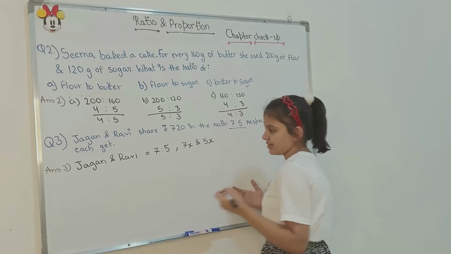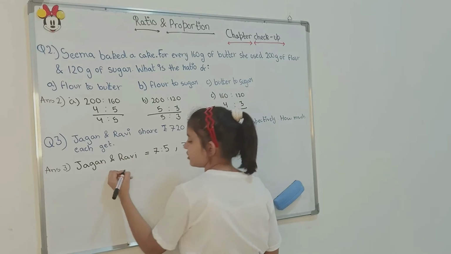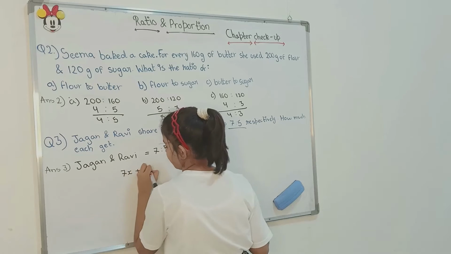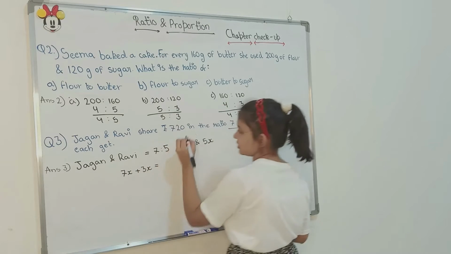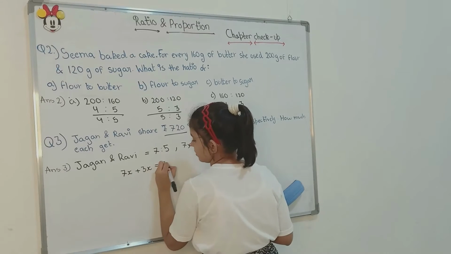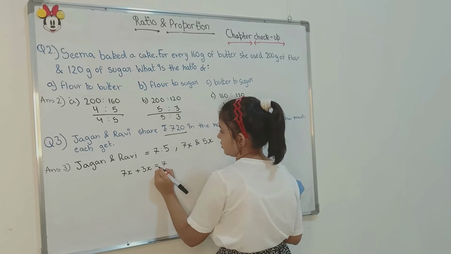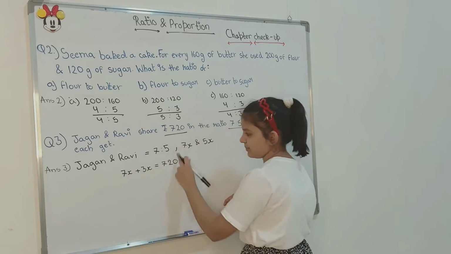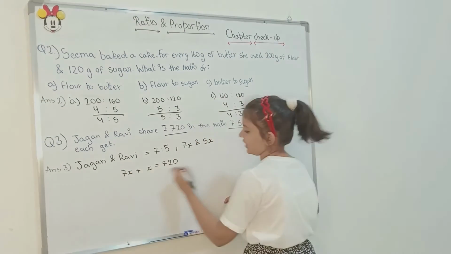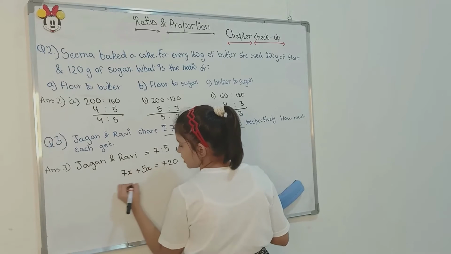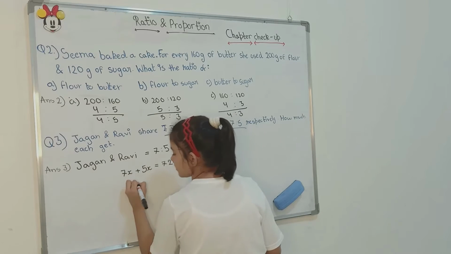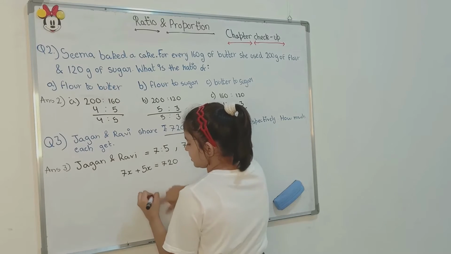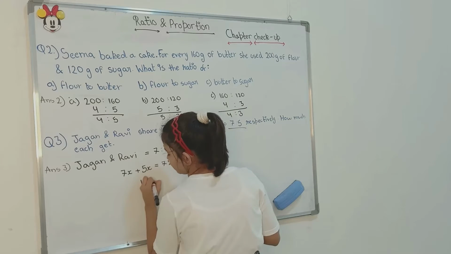Now we use the same method here. So 7x plus 5x is equal to 720 rupees. So here 7 plus 5, once we add them we get 12x.